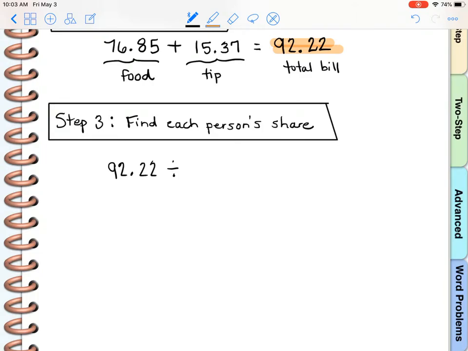Be careful. It is not 3. Sam and 3 friends. How many people would that be? That's 4. So $92.22 divided by 4 is $23.